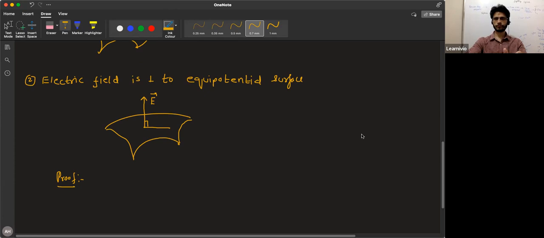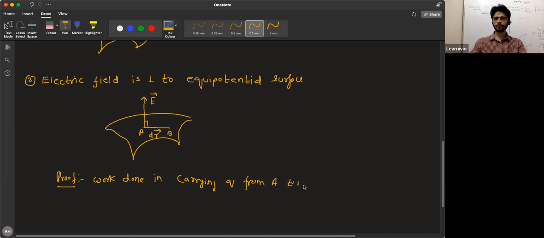Sir, Q delta. So let's choose 2 points on the surface. The separation between these 2 points is dr. So work done in carrying charge Q from A to B.